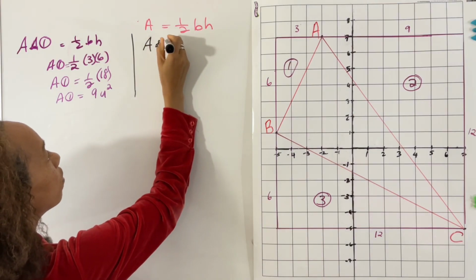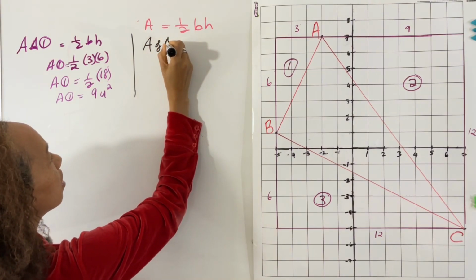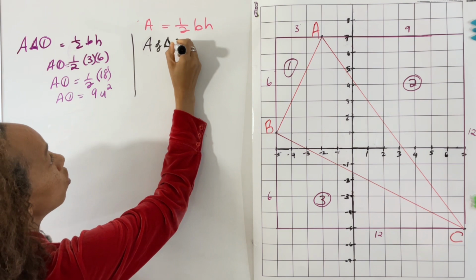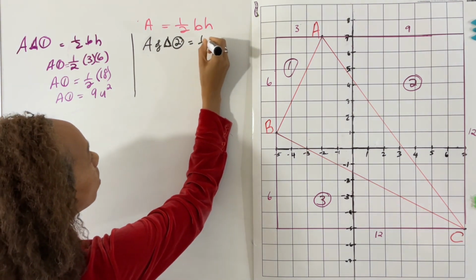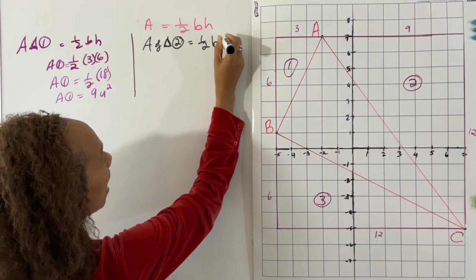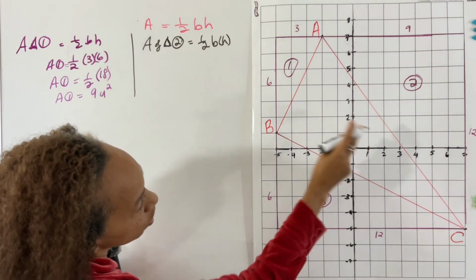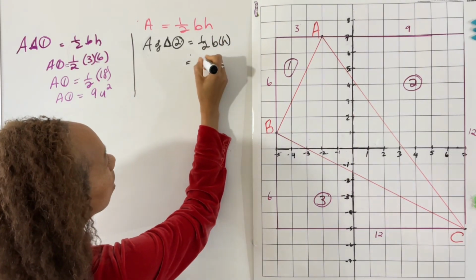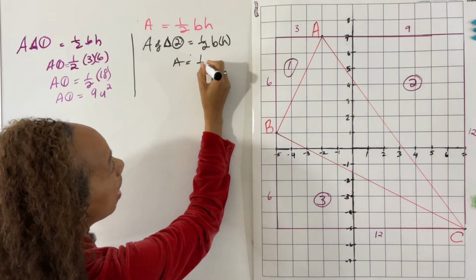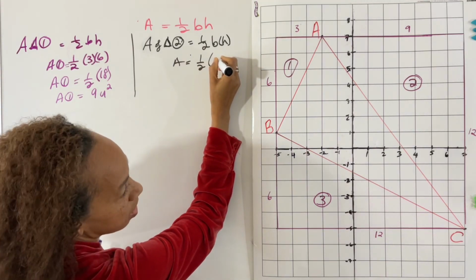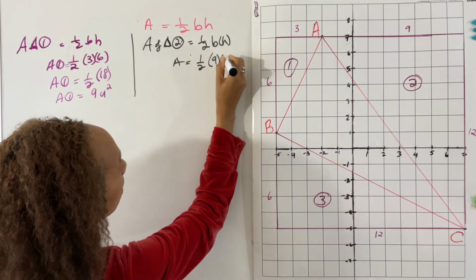Area of triangle, and this is my symbol for triangle 2. Still, we write our formula, half base times height. And we know triangle 2, we have area is half of 9 times 12.